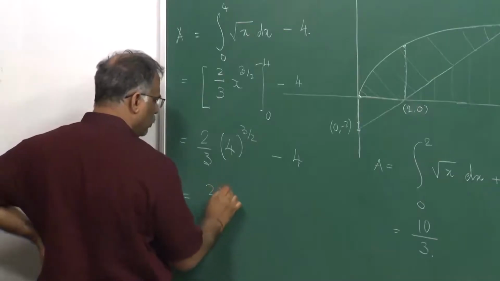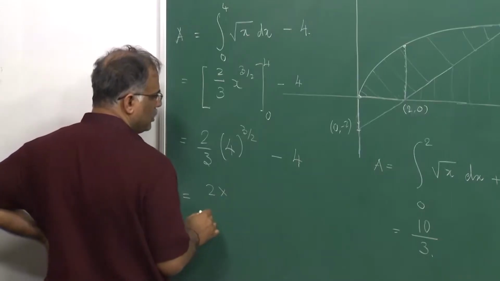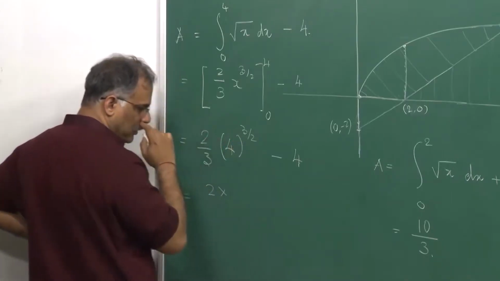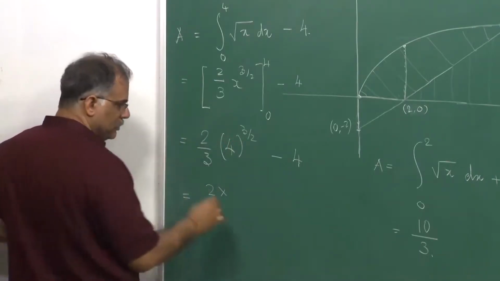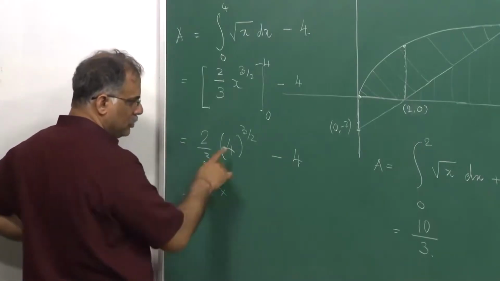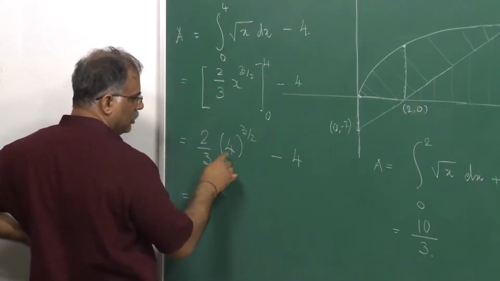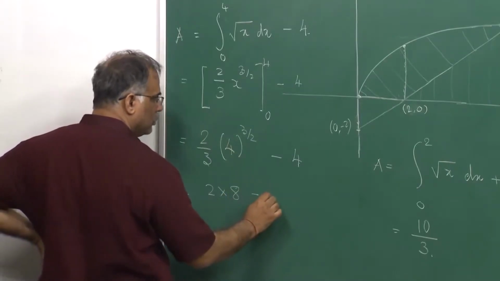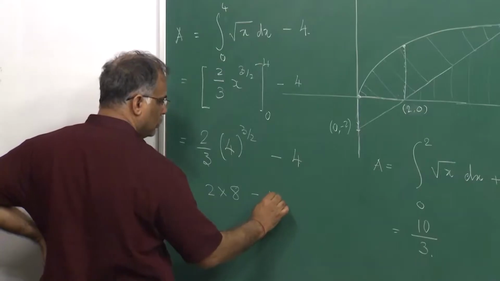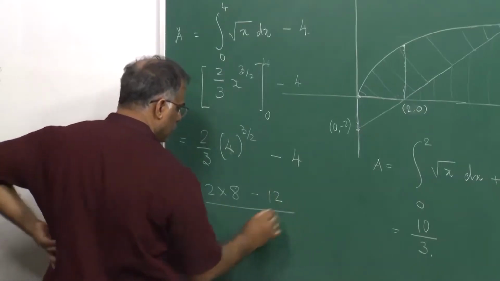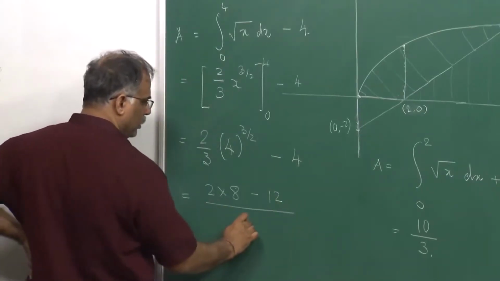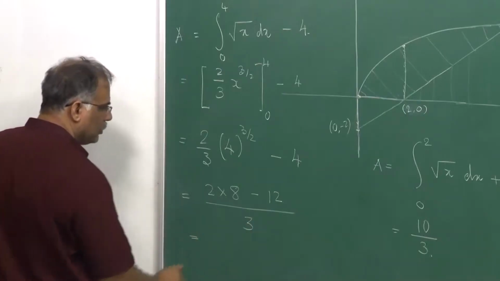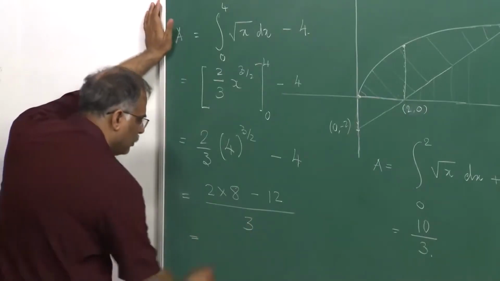2 into 4 to the power 3/2 means 4 to the power half, which is 2, so 2 cubed is 8, minus 3 into 4, 12 by 3. So the answer comes out to be 4/3.